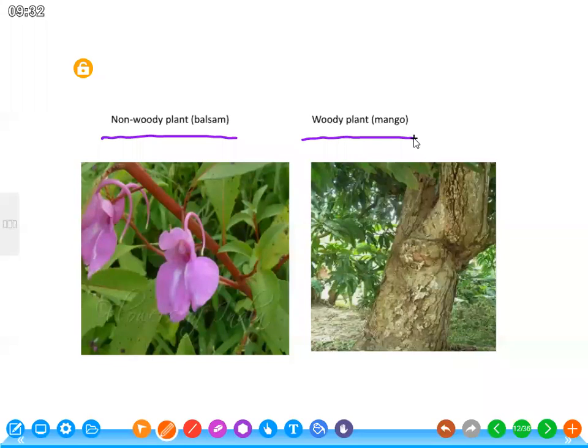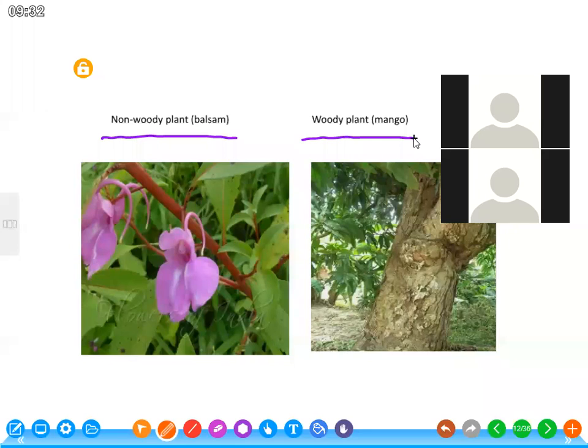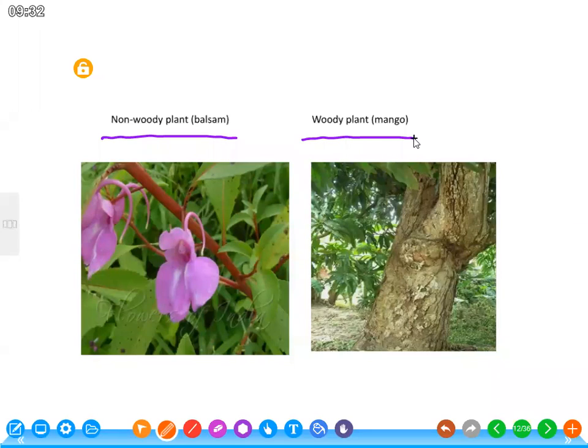But in woody plants, for example mango, the plant can be kept erect in low water percentage.